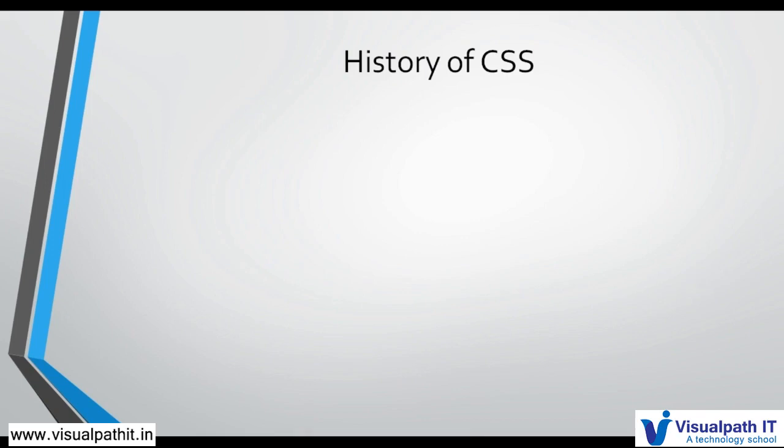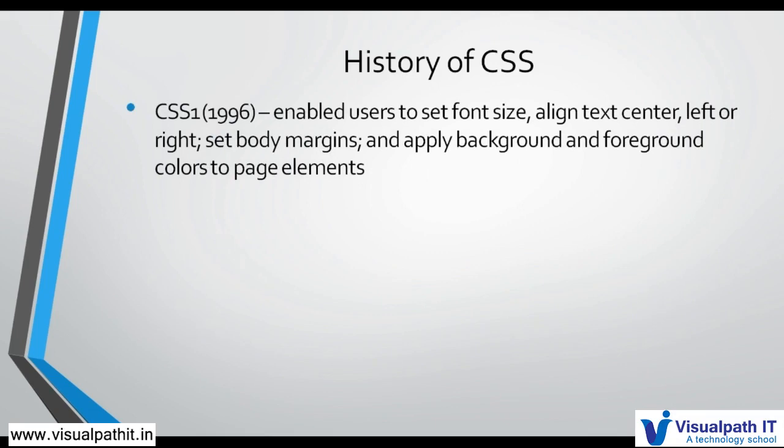So now we'll learn some history of CSS before moving to CSS3. If you see on the screen, CSS1 enabled users to set font size, align text like center, left or right, set body margins, and apply background and foreground color to page elements.